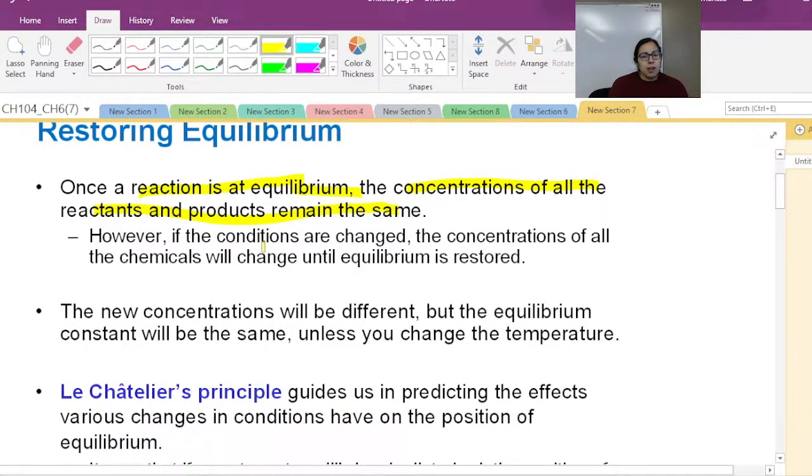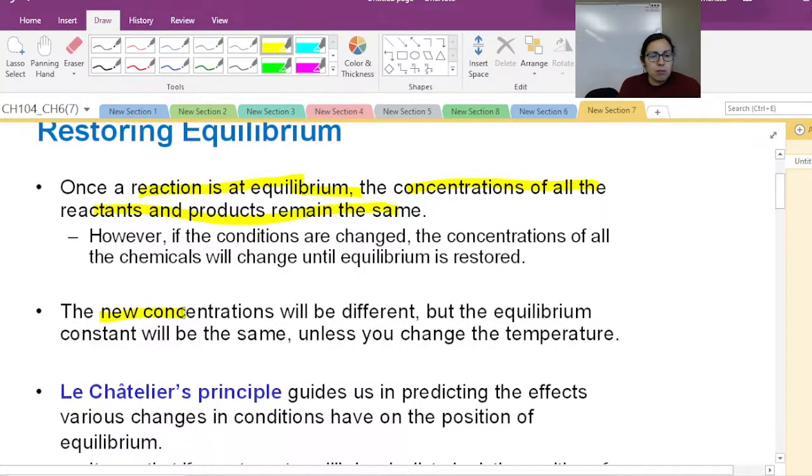But then it asks, okay, well, if we change our conditions, then basically our system is going to work to restore equilibrium. And so what it's saying is we'll perturb something, and then the concentrations of all our other chemicals will change as well. Again, we'll break this down because there's a lot of words.